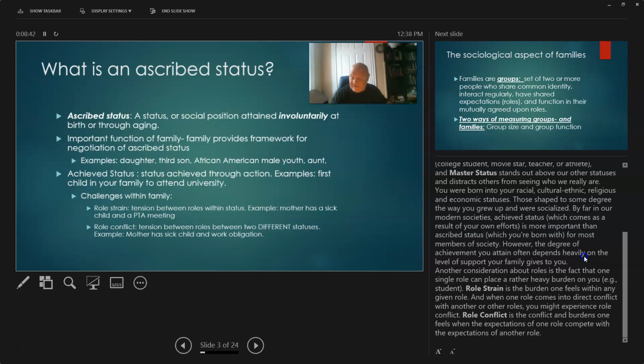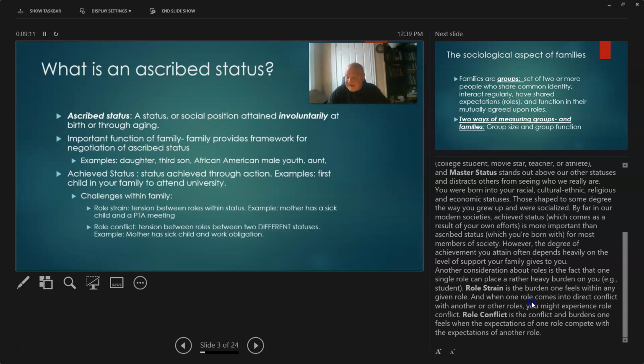Another consideration about roles is the fact that one single role can place a rather heavy burden on you. For example, student, that would be role strain, okay? That's the strain one feels within any given role. For example, if you are a student and you have 3 classes and there's a test in every class on the same week, you'd be experiencing role strain.